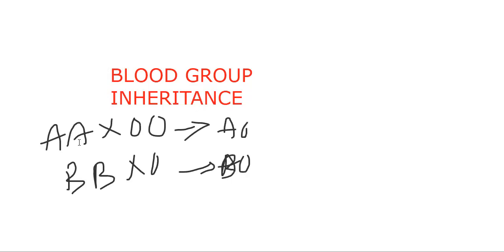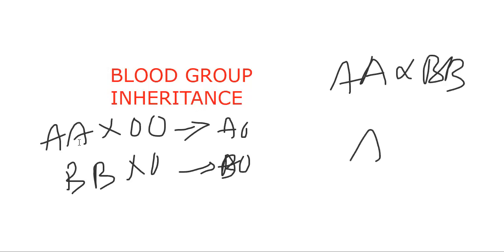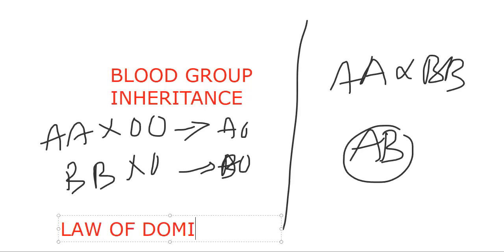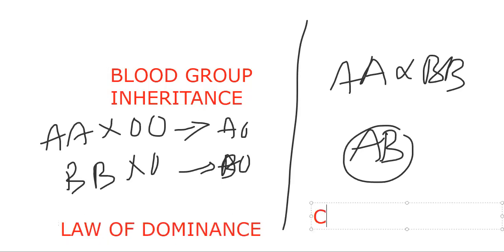But when A and B are crossed with each other, what will we get? AB. That means this is the law of dominance, and here comes codominance. So that is the interesting thing here. Law of dominance is there, and blood group also contains the codominant factor.